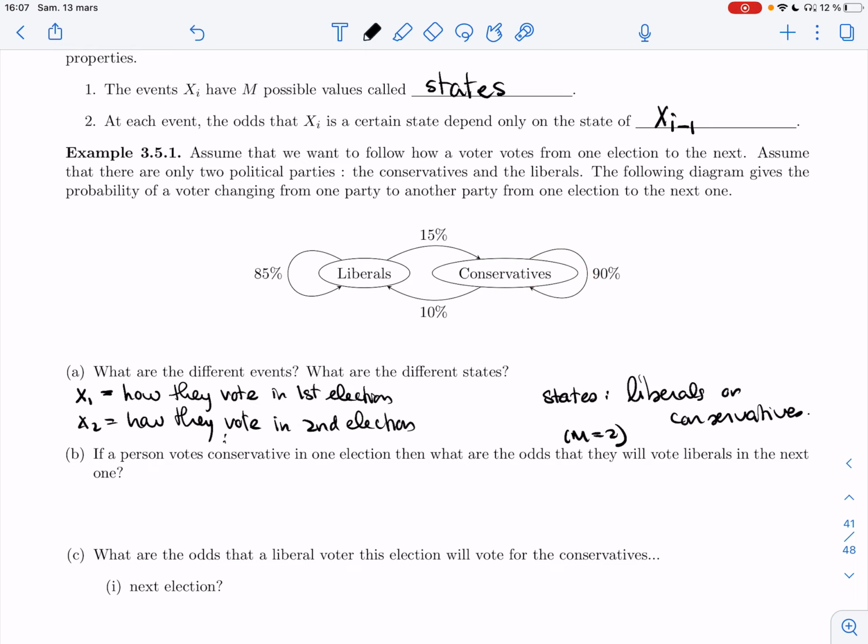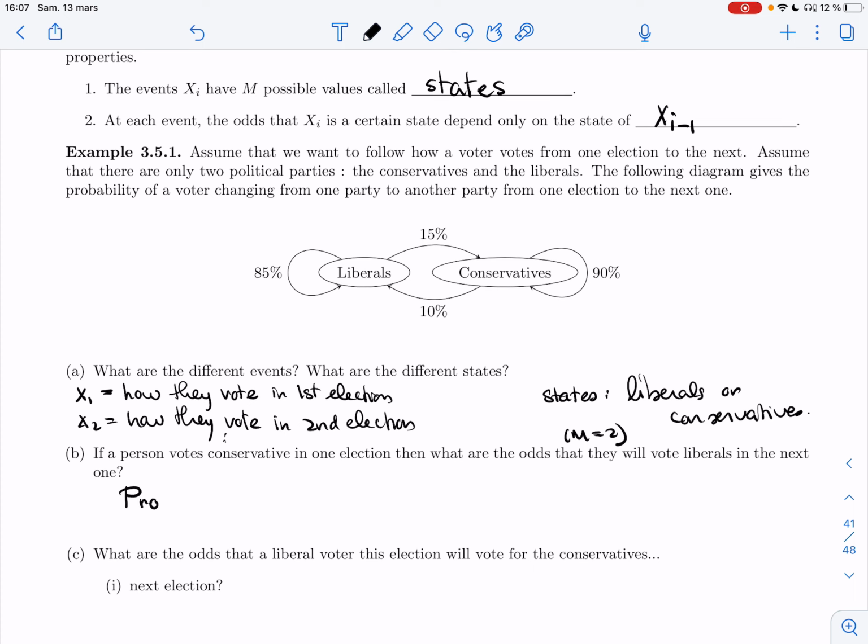All right, so let's write this as the probability that they go from conservative to liberal. We'll also write just P for probability, but that's going to be 10%, which means 0.1.